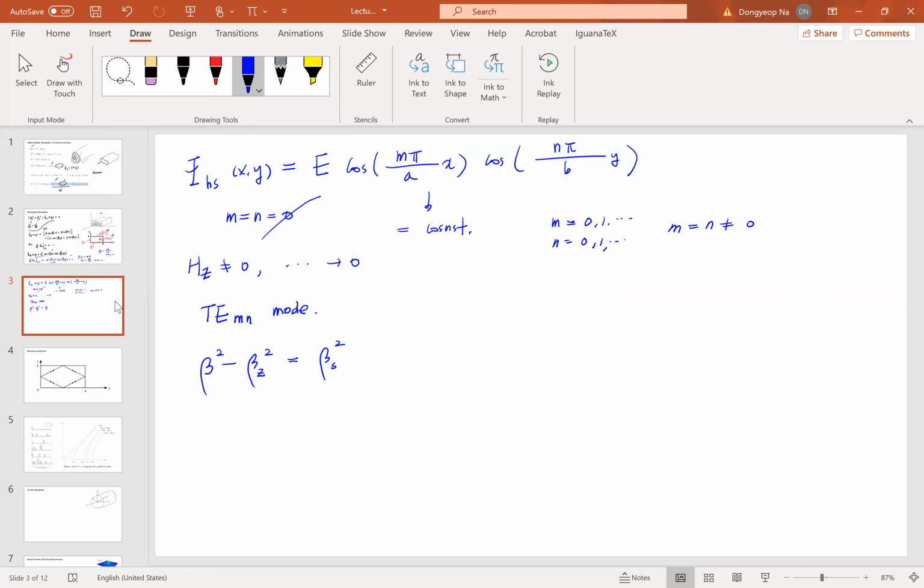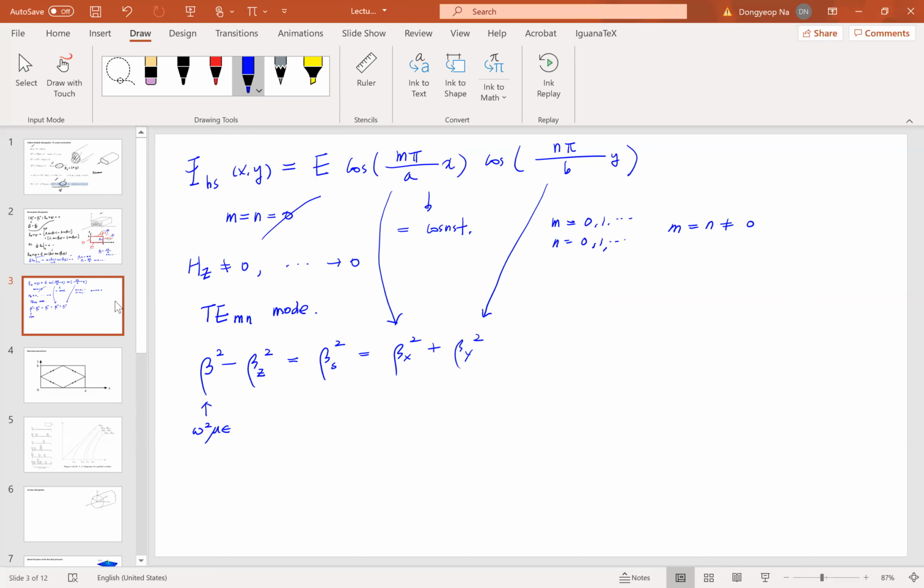Beta s squared is beta x squared plus beta y squared, which is m pi over a and n pi over b. The beta is the wave number, which is omega squared mu epsilon.